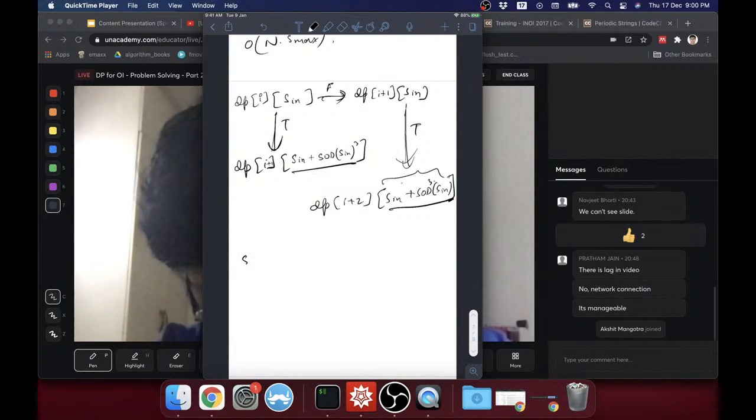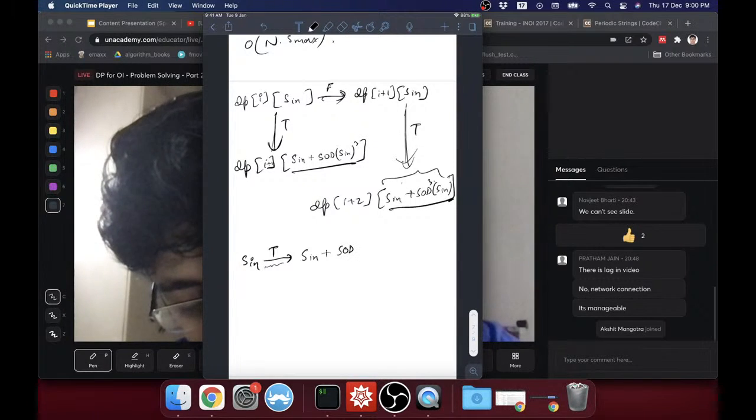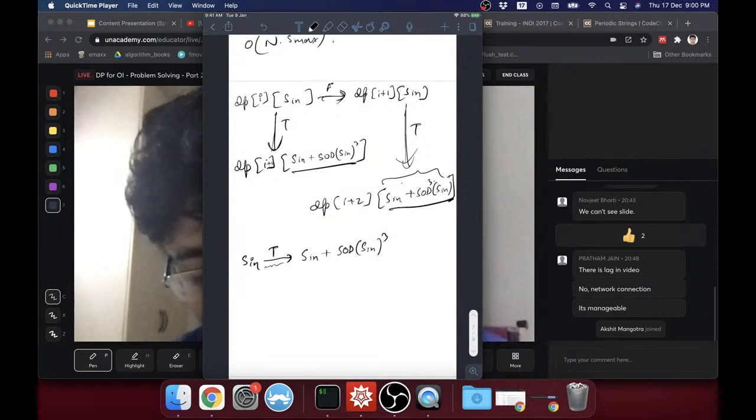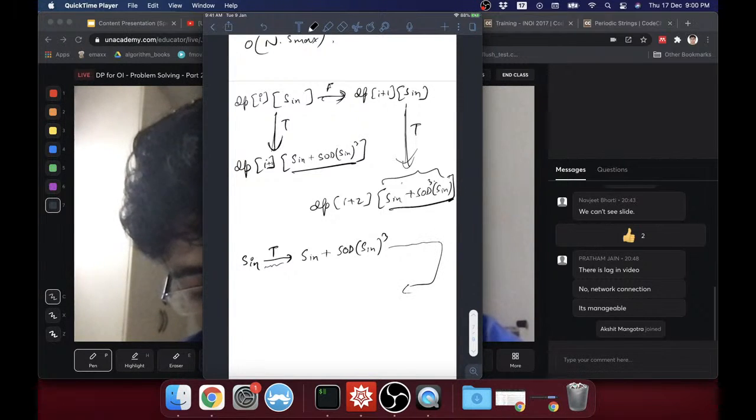Think about it like this. If your strength is S initial at the start, after some rounds, maybe you take your first training. After some rounds, maybe for the first 3 things you fight and then you train, your S initial will change to S initial plus sum of digits of S initial cubed. Then also you again fight for some time and then you train once more.